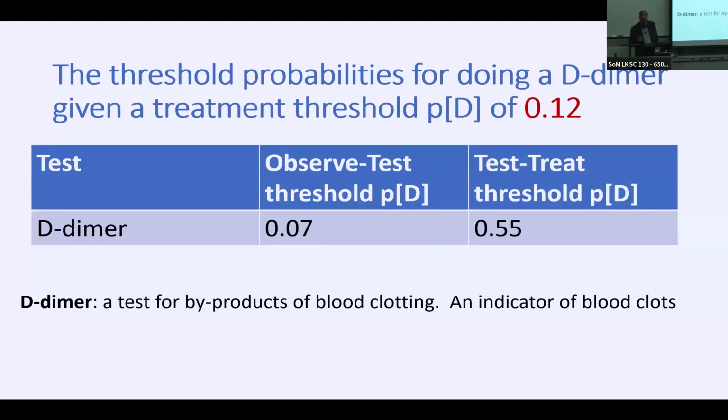What this shows is the threshold probability for doing a D-dimer given a specific treatment threshold, which is 12%. It's as low as 7% and as high as 55%. And for those of you who are not physicians, this is what a D-dimer is.